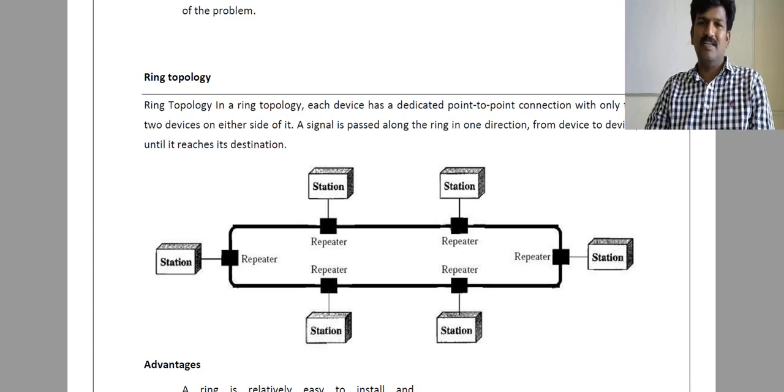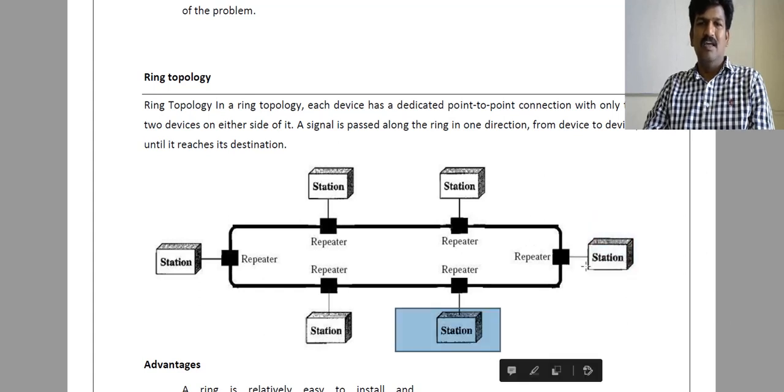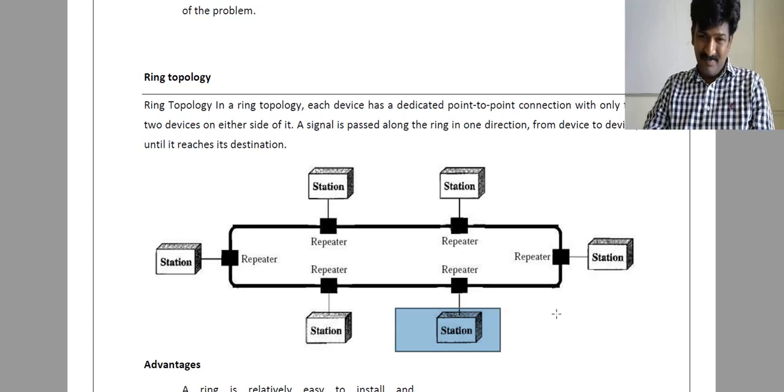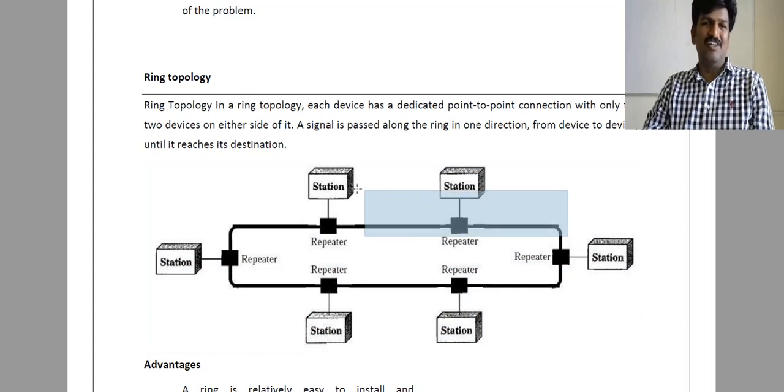You should understand, this is one computer, and this is another computer. If they want to communicate with each other, you should not think that these two are adjacent to each other, having the dedicated link, so that we can have the communication directly, not like that. Here, suppose the defined program is that data transmission needs to follow one direction like this.